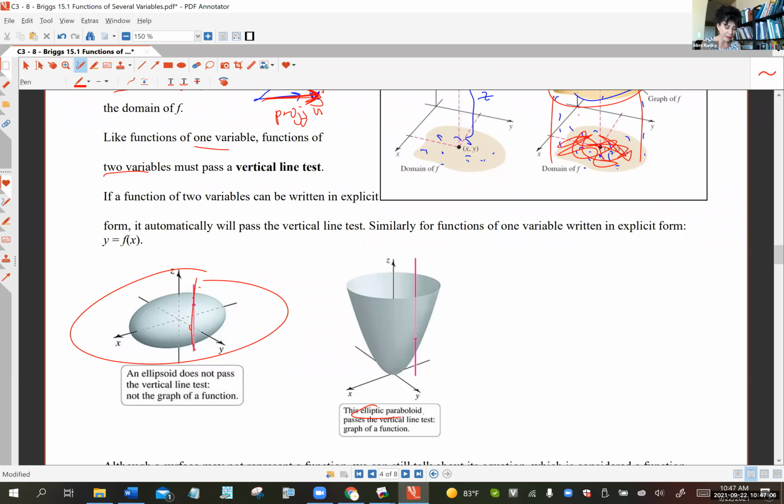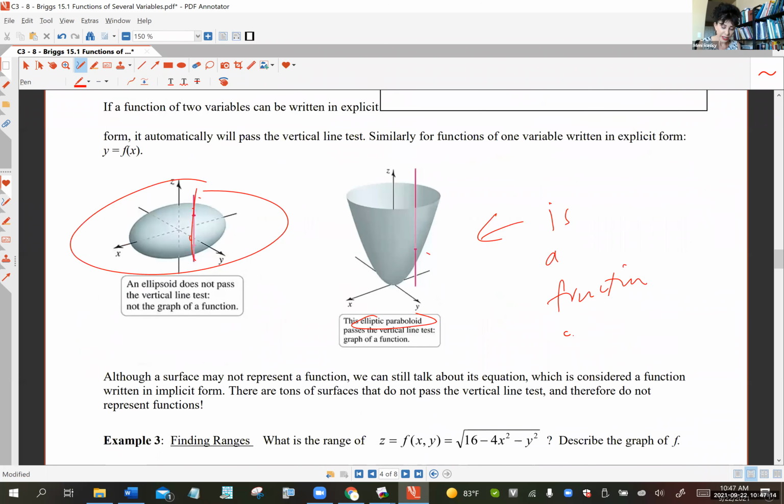However, this lovely elliptic paraboloid is a function. And when we say it's a function, not a function of x, but a function of x and y, because we're talking about functions of two variables now. Even though this ellipsoid is not a function of x and y, it's still a very lovely graph, and we're still going to do business with it.